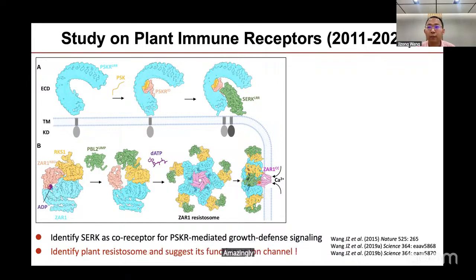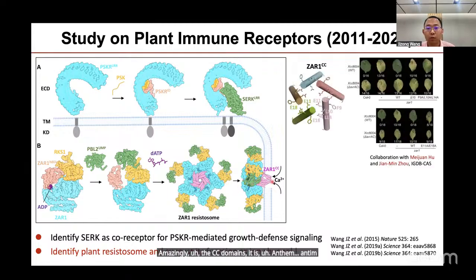Amazingly, the CC domains at the N-terminus of the ZAR1 resistosome form a channel-like structure, the pink part, as its outer surface consists of hydrophobic residues such as leucines for membrane binding, and its inner surface consists of negatively charged residues such as glutamate 11 and 18, probably for calcium ion permeability.